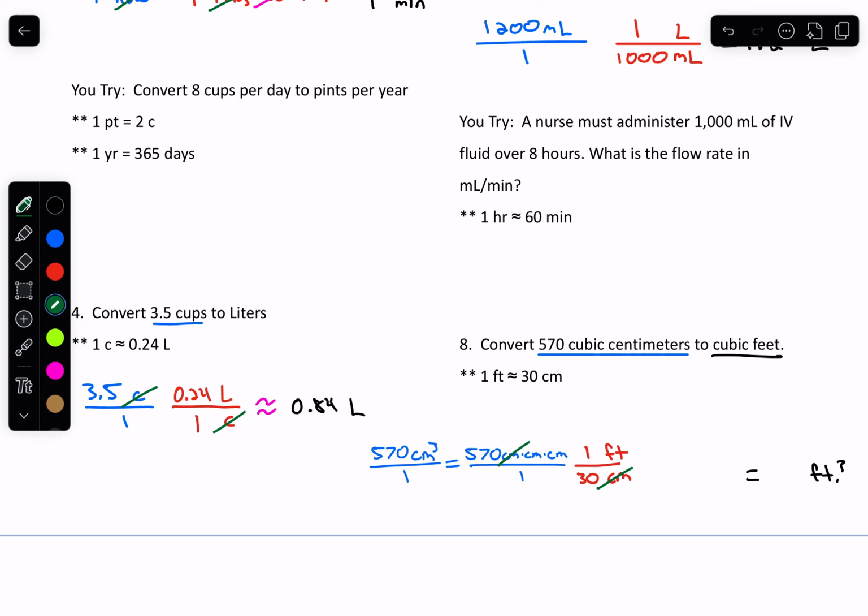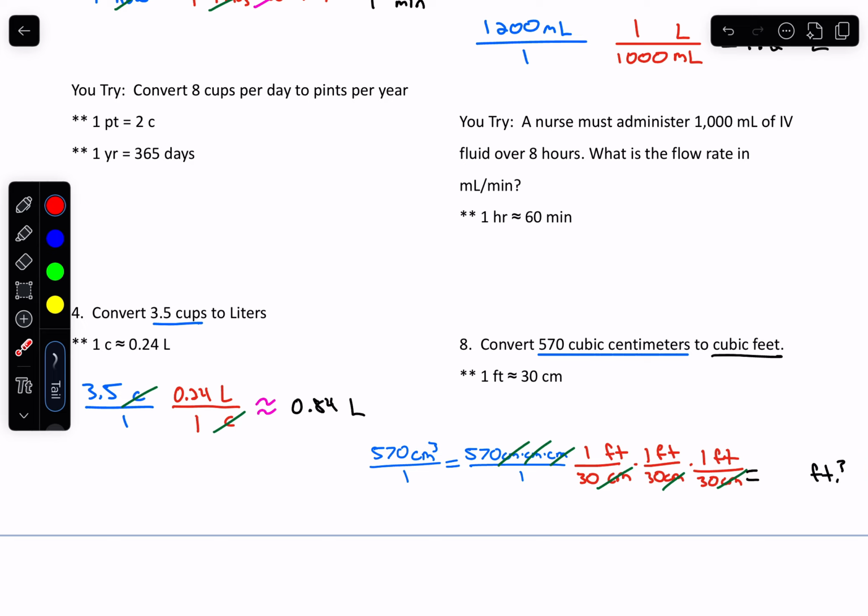I need to actually multiply by this same unit fraction again. So I'll do 1 foot per 30 centimeters again, and a third time, 1 foot per 30 centimeters, where now cm's on top cancel cm's on bottom. So I'm left with no more centimeters on top, and I'm left with 3 units of feet multiplied together, so that'll give me my feet cubed over here.